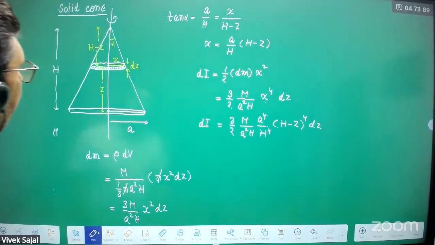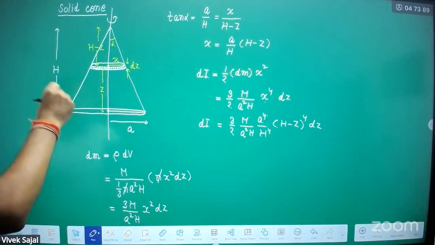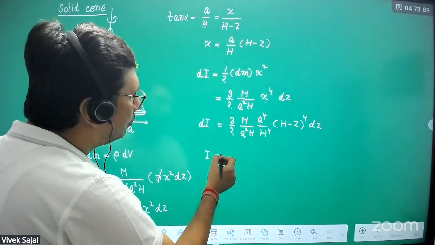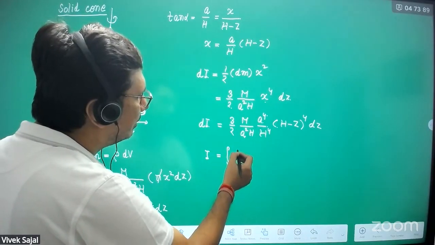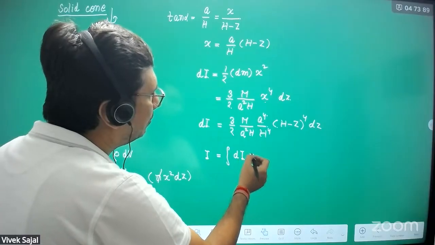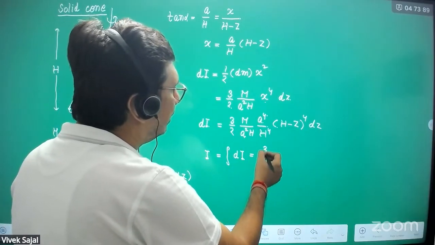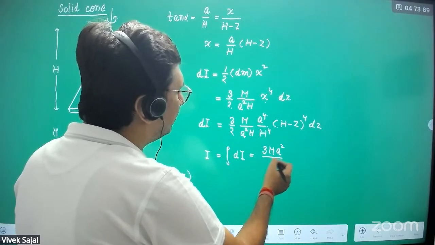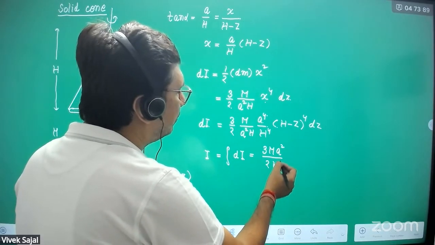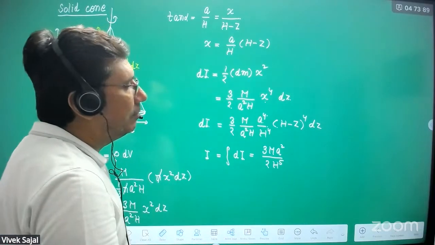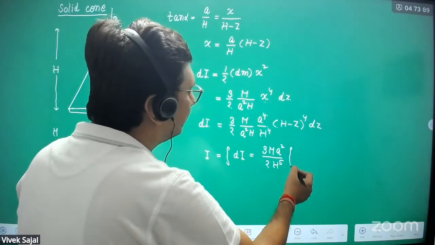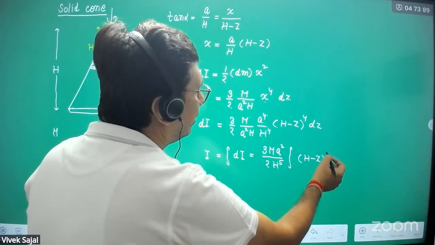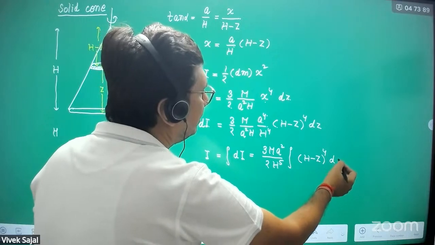Now, what will be the moment of inertia of this complete system? That will be I. You are going to integrate this dI. So it will be 3 m a square upon 2 times h to the power 5, integration of h minus z to the power 4, dz.